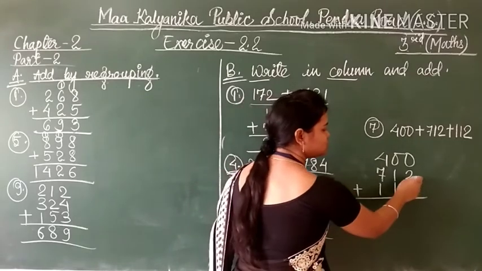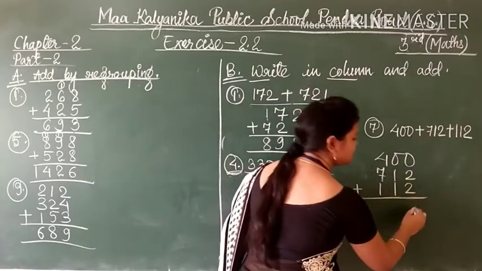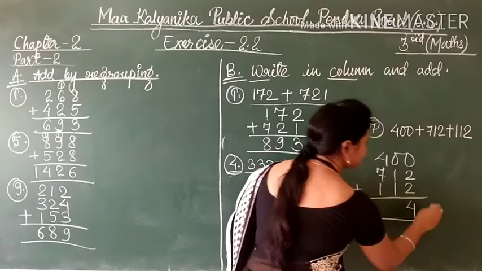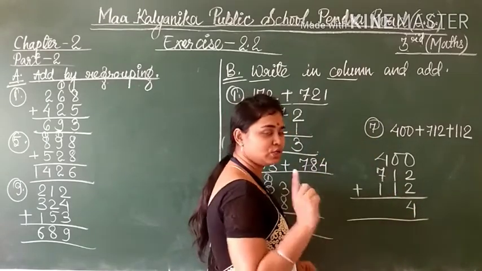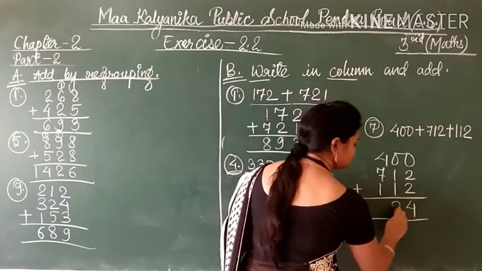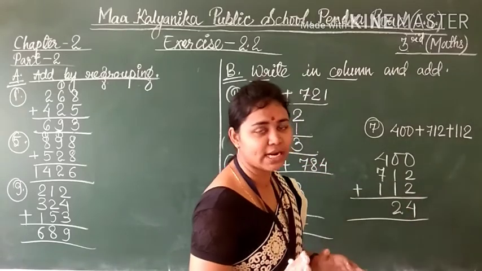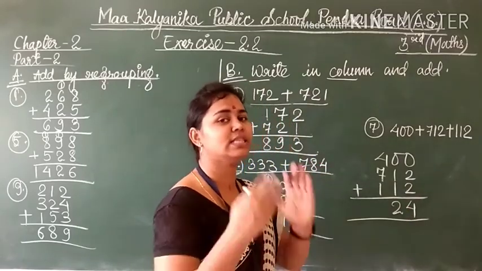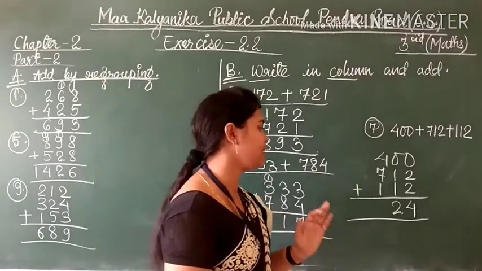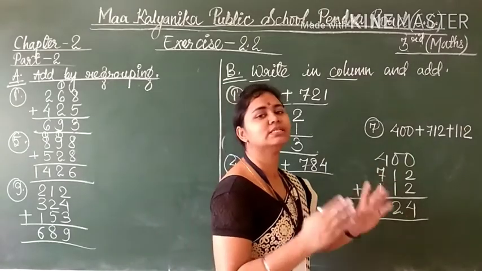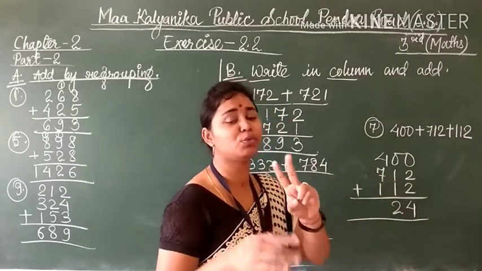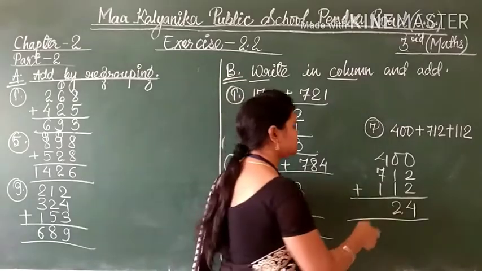So see students, 2 plus 2 is 4, 4 plus 0, 4. Then 1 plus 1, 2, 2 plus 0, 2, because when 0 is added to any number, the rule is the answer is the same number. Okay, 0 means nothing. So 1 plus 1, 2, 2 plus 0 is 2, not 0.